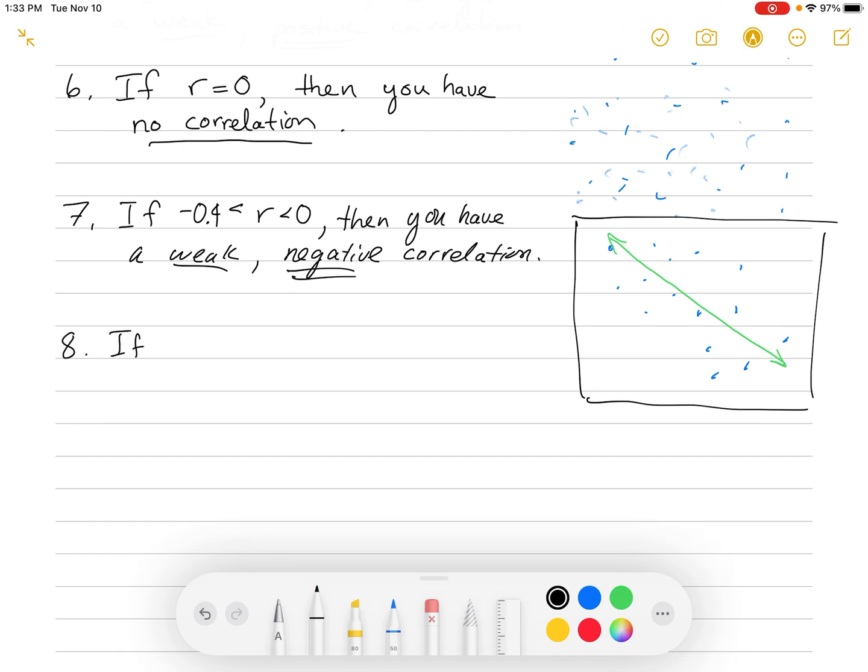Okay, what about number 8? If, let's say, R, the correlation coefficient, is less than or equal to minus 0.7, but greater than negative 1.0, then in this case, I think I left one out. My bad. Let me go back and delete.